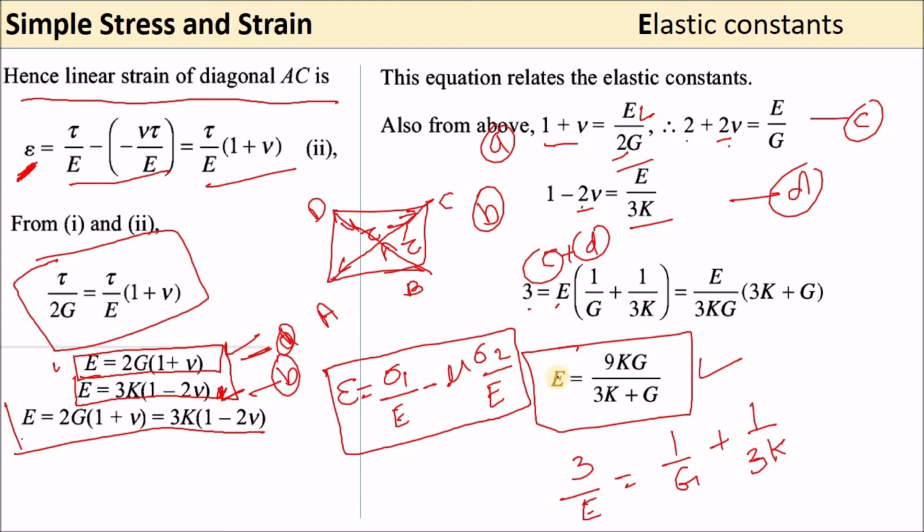A simple method to remember this one is simply say 9KG divided by 3K plus G. 9KG should be upper side, 3K plus G should be lower side, and that way you can remember. This is not a scientific reason. It is a simple way to remember this one. Simply say 9KG divided by 3K plus G. No confusion.